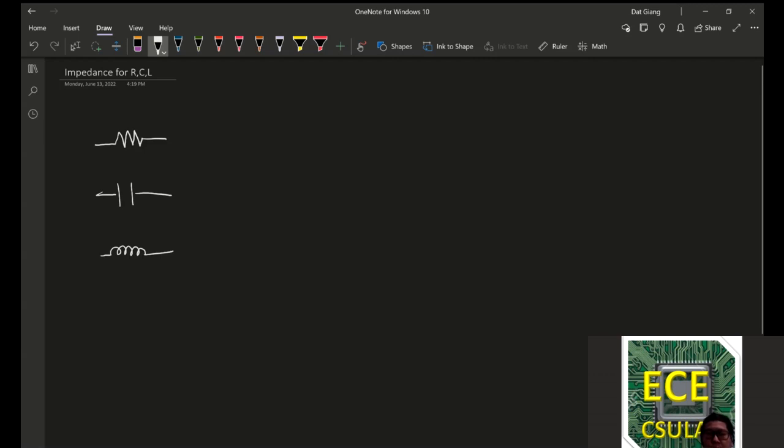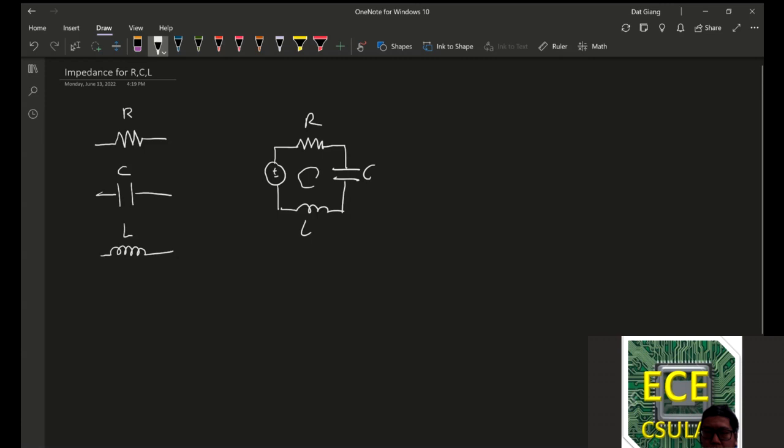Now, with all these, we have some resistance R, some capacitance C, and some inductance L. In talking about connecting them together, such as in the case of RCL circuits, we have something like this: R, C, and L. And then maybe this is some voltage.